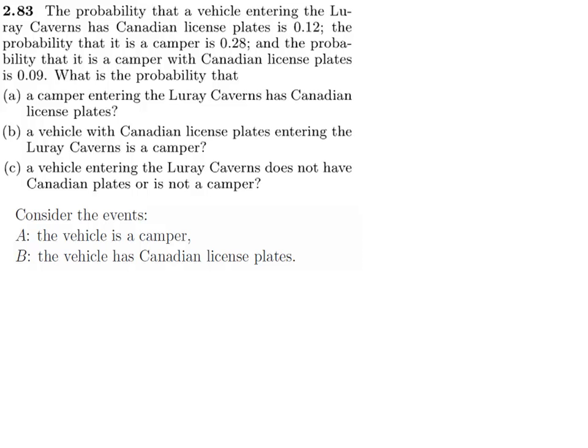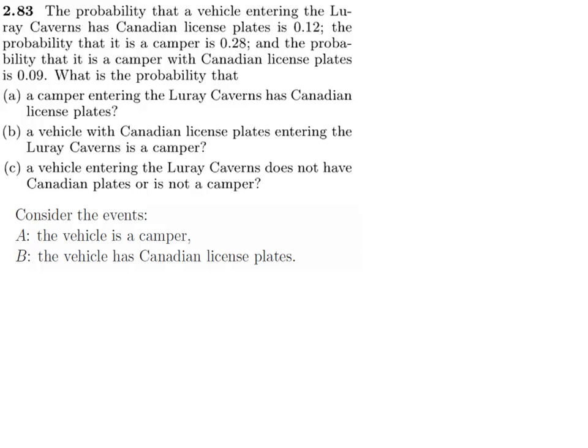How many of you said that it is the intersection, or is it given probability, or is it conditional probability? Okay, so let's consider the events one more time. A is the vehicle is a camper. B, the vehicle has Canadian license plates.